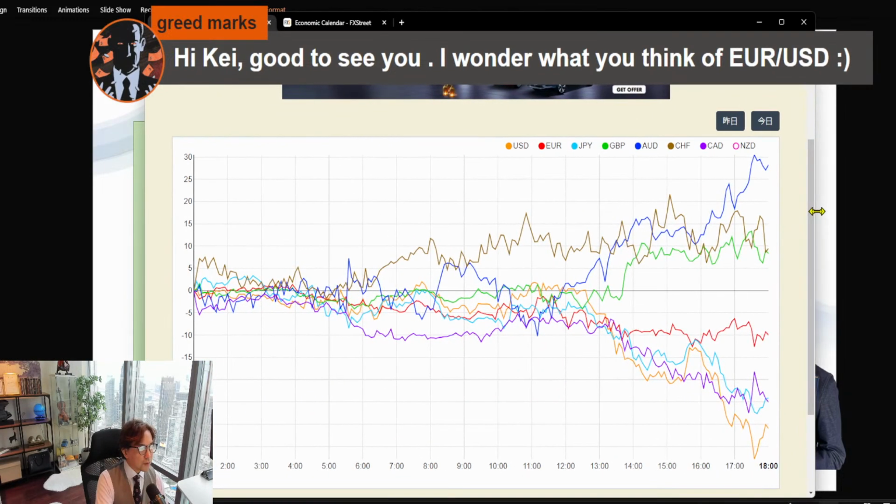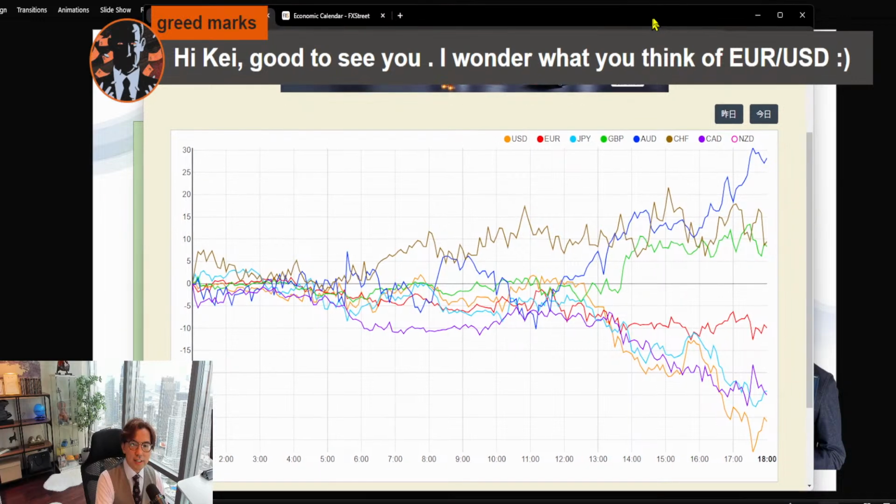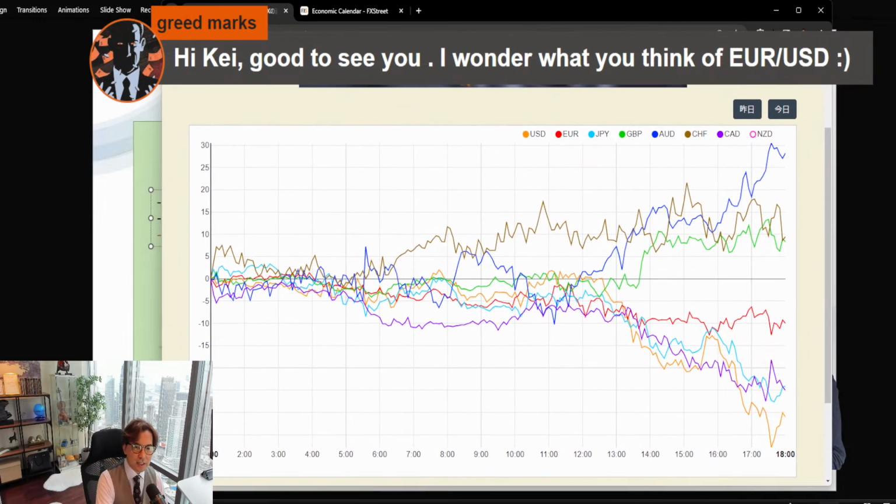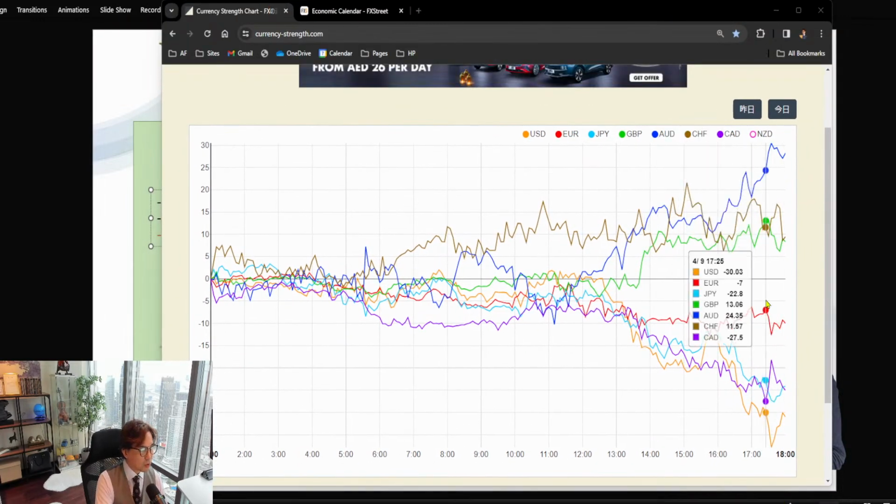So if you refer to the currency strength chart, you can actually tell exactly which currency is strong and weak at the moment. So like I mentioned earlier, the currency AUD, the blue, is up all the way. So we can see that the AUD currency is strong overall today. And USD, the orange, has been going down.